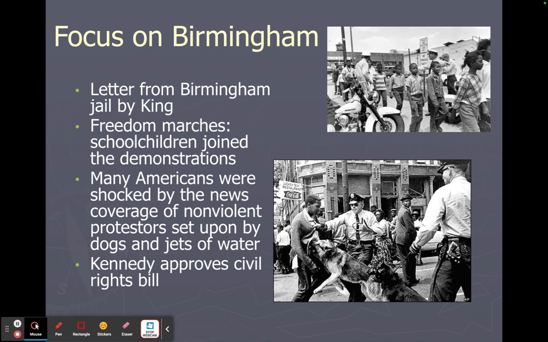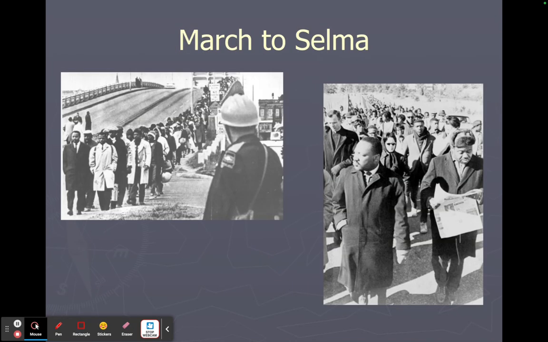Many Americans were shocked by watching this on the news every night, people being attacked by dogs, people being sprayed with fire hoses. So as people are seeing this on the news, they're really upset about this. So Kennedy approves moving forward with a civil rights bill.